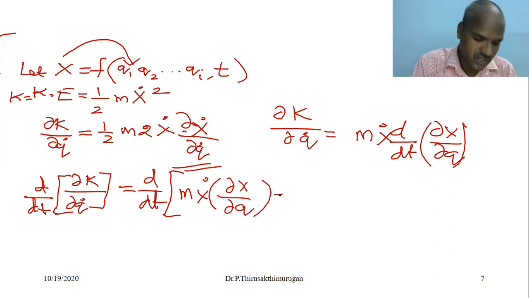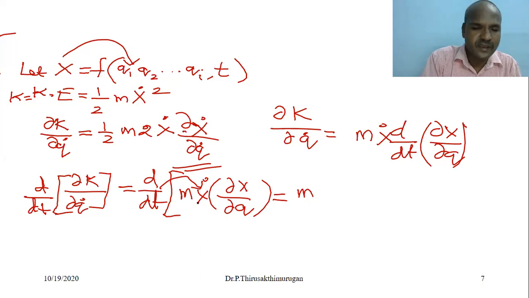If you differentiate x dot, which is velocity, it becomes x double dot.